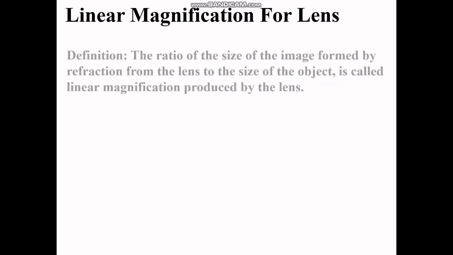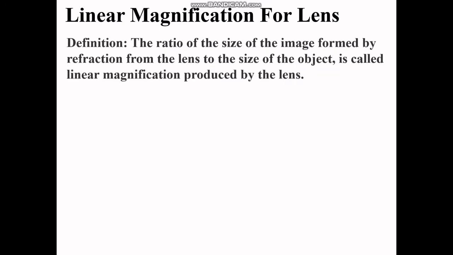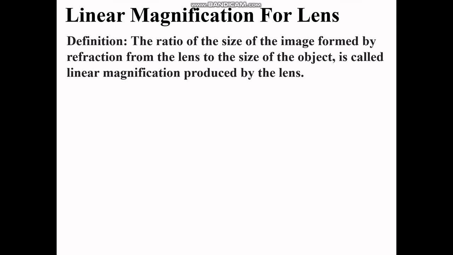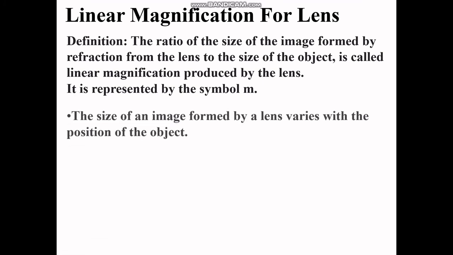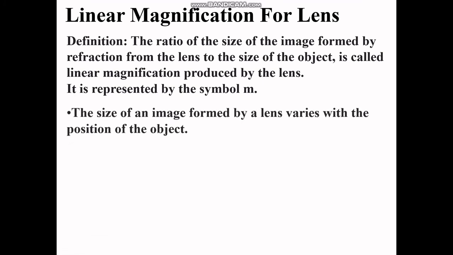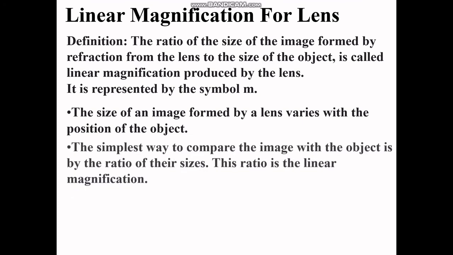Linear magnification for lens. The ratio of the size of the image formed by refraction from the lens to the size of the object is called linear magnification produced by the lens. It is represented by the symbol M. The size of an image formed by a lens varies with the position of the object.